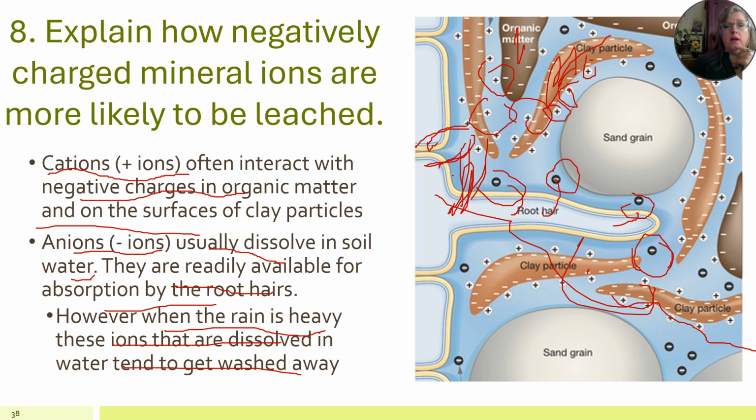That makes sense? So to get the positives, we need this cation exchange system where the plants give up their hydrogen so that they can take some of these other positives. The negative ones tend to be floating around in the water, which makes it easy for the plants to take them up, unless it's raining real hard or we overwater, and then they all get washed away and the plant can't get them at all. Make sense? I think so.